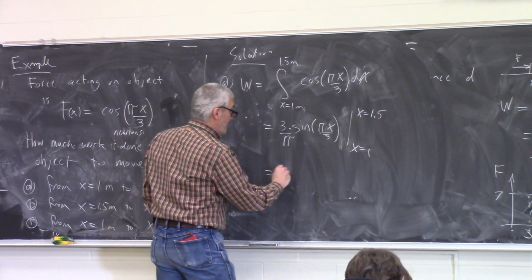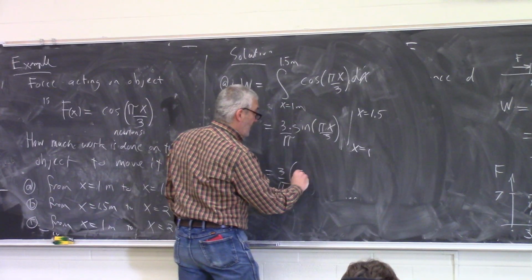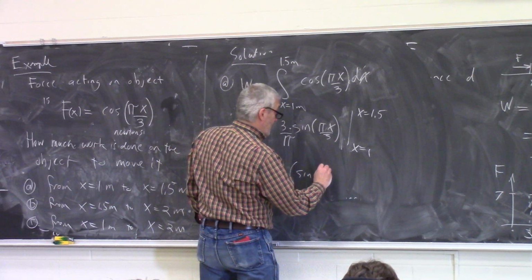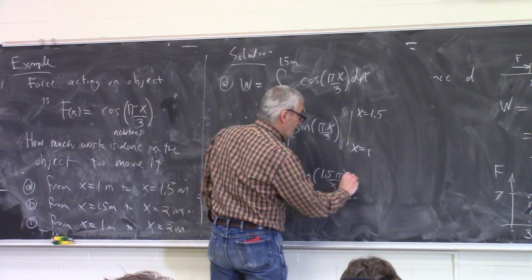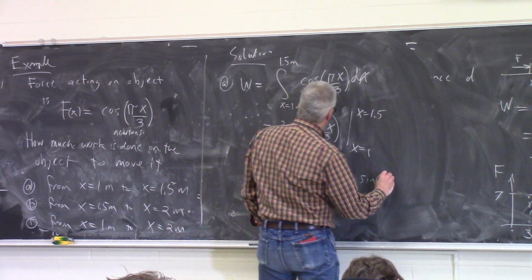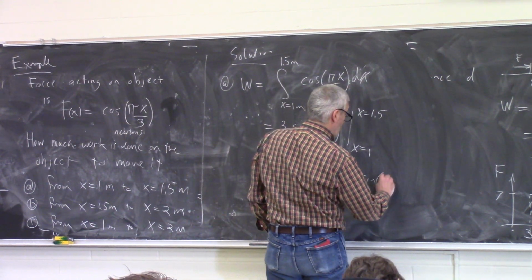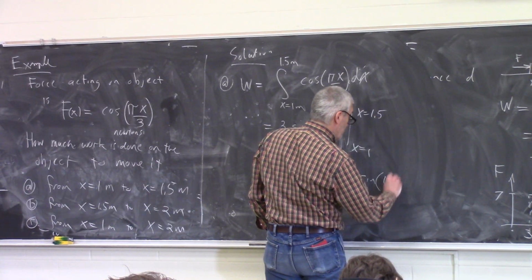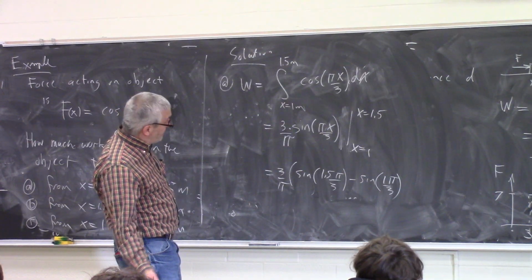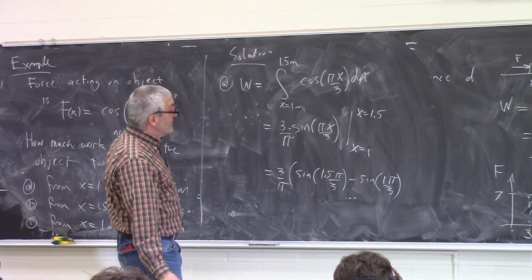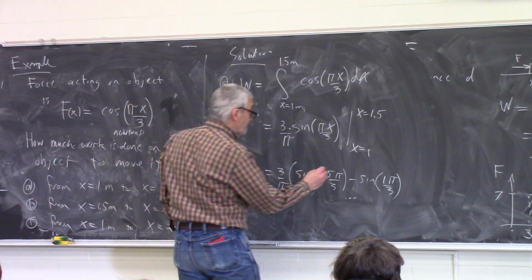So this is 3 over pi times sine of 1.5 pi over 3 minus sine of 1 pi over 3. Oh, but 1.5 pi over 3 is just 0.5 pi, in other words, sine of pi over 2.